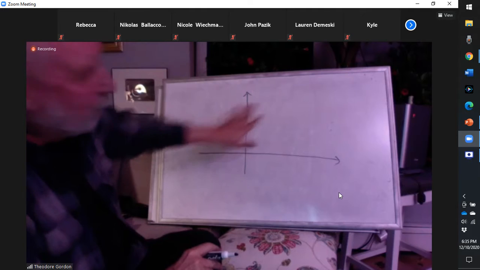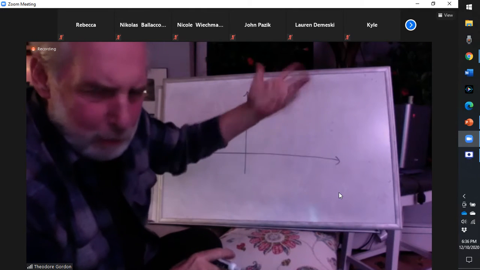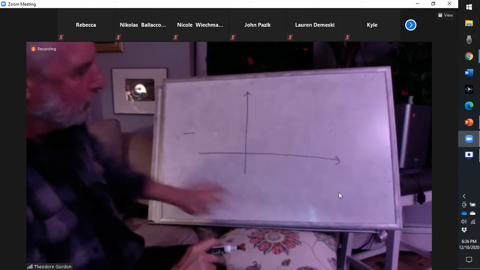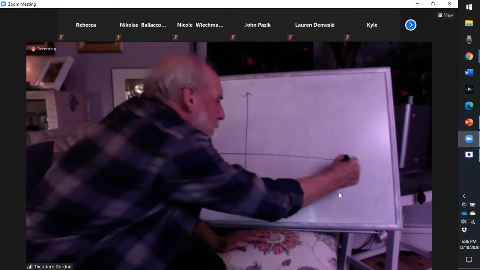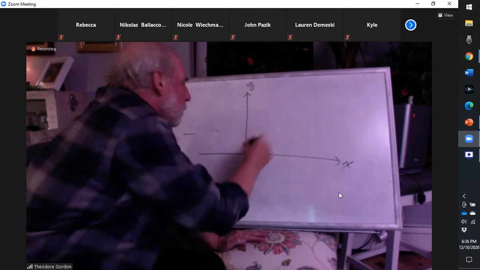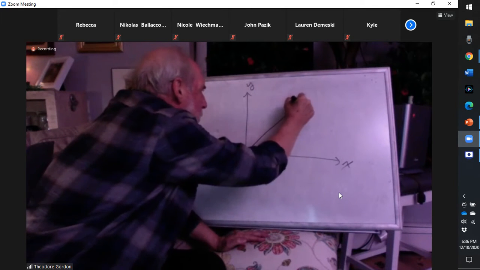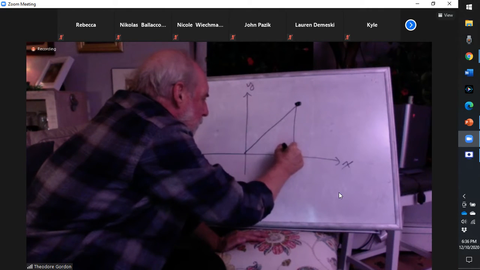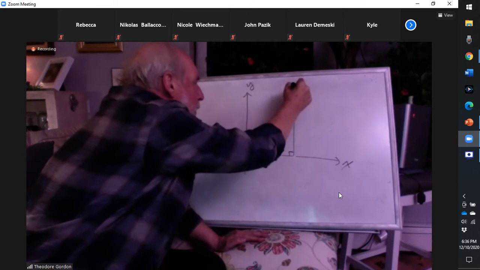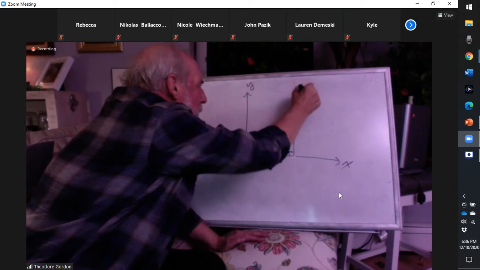Now, I'm doing everything in the first quadrant because it just keeps everything positive. We could be doing this in any of the 4 quadrants here. So here's a right triangle. This is the point XY.